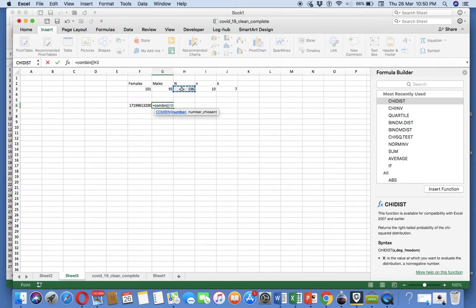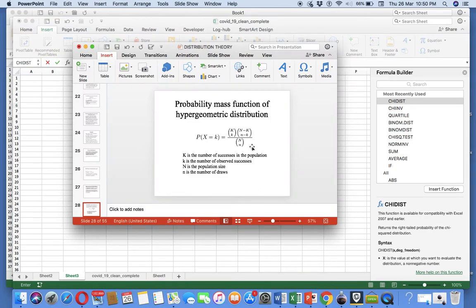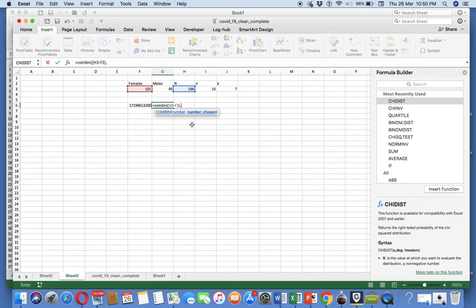N minus k, comma, minus small n minus k into small n minus small k.